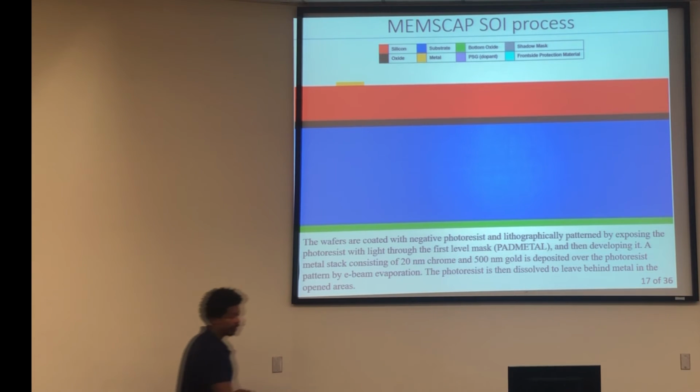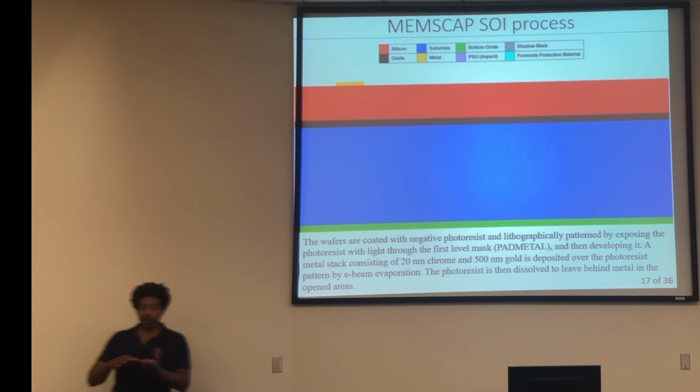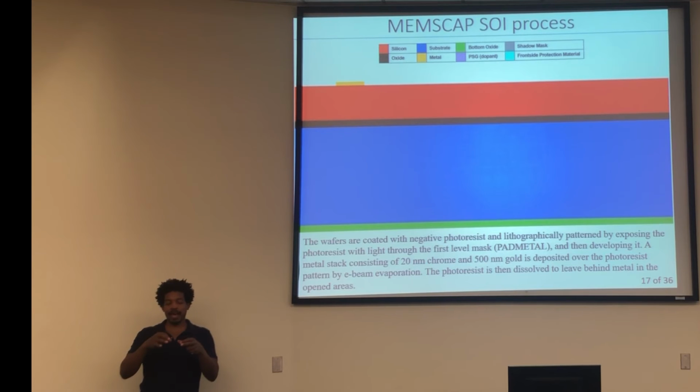And photoresist is really interesting. It's a polymer, and if you shine light on it, the bonds are broken, and then you can develop it with chemicals that allow the areas that have their bonds broken to wash away and leave behind the areas where the bonds are intact.